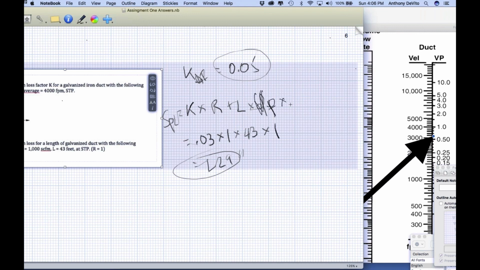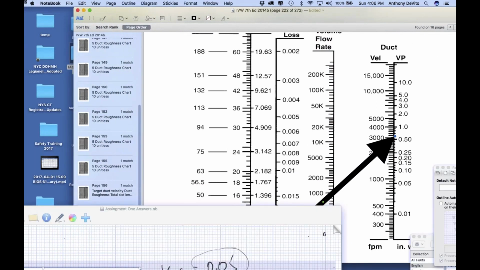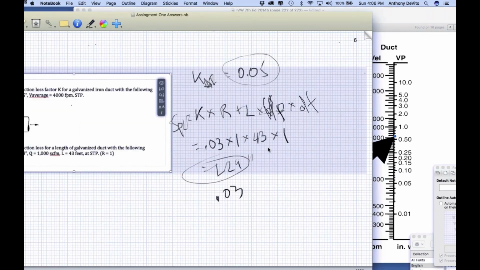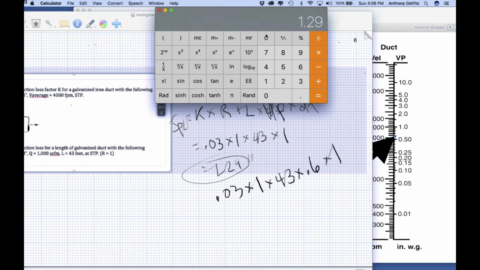Velocity pressure times the density correction factor. So if I include that, it's going to be 0.03. Actually, that might even change also. No, it looks about the same. That looks right. 0.03 times the roughness factor of 1 times 43 feet times the velocity pressure, which is 0.6, not 1, times density correction. Yeah, that's it. That's the right answer.